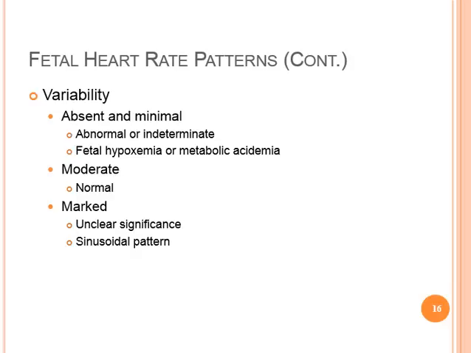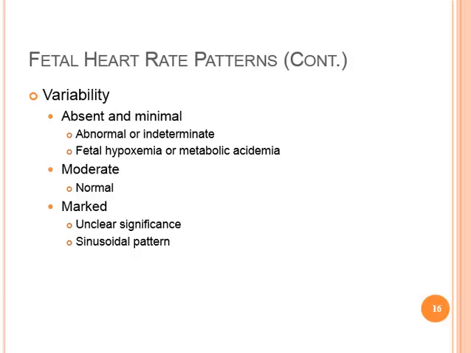Depending on other characteristics of the fetal heart rate tracing, absent or minimal variability is classified as either abnormal or indeterminate. It can result from fetal hypoxemia and metabolic acidemia. Other causes of absent or minimal variability include congenital anomalies and pre-existing neurologic injury, CNS depressant medications such as your analgesics or your narcotics, and use of general anesthetics.